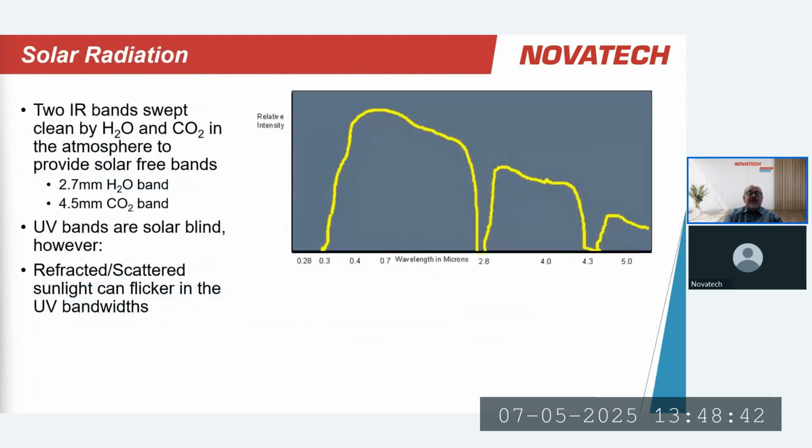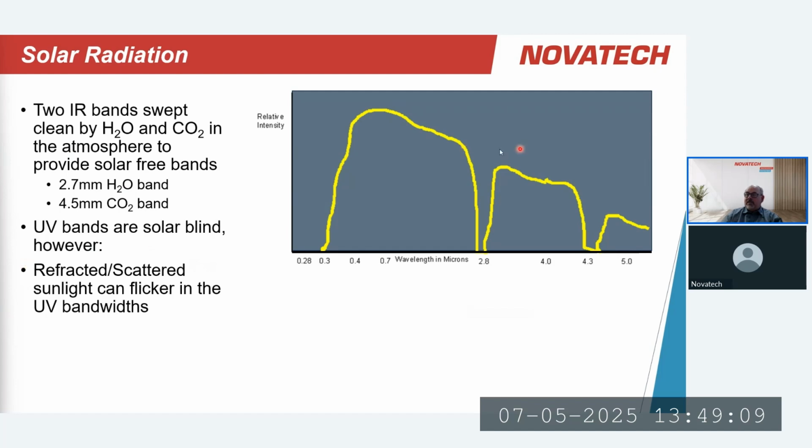And it's very convenient that the products of combustion of hydrocarbons in particular are primarily water vapor and carbon dioxide. Why is that convenient? Because water vapor and carbon dioxide exist in the atmosphere all the time. So the infrared energy that comes from the sun is absorbed by the water vapor and the carbon dioxide in the atmosphere.